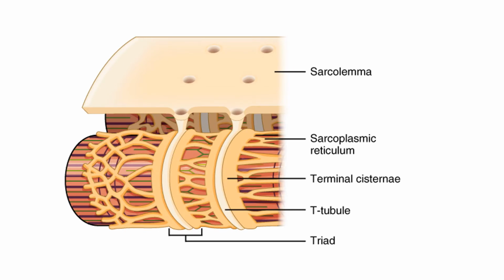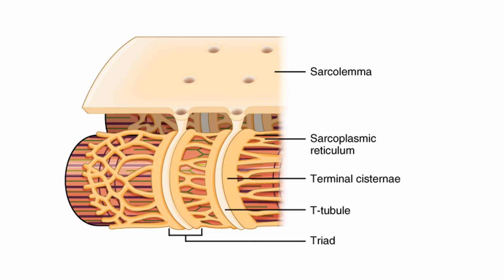Okay, so there are a few other structures that we need to learn about. The first, the sarcolemma, which we've mentioned before, is the plasma membrane of the muscle cell. It is an excitable membrane and shares many properties with neuronal cell membranes. The sarcoplasmic reticulum, or SR, is a membrane-bound structure found within muscle cells, and it is similar to the smooth endoplasmic reticulum in other cells.